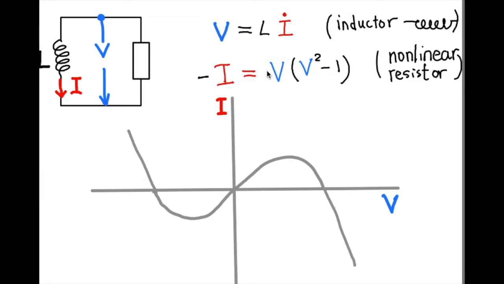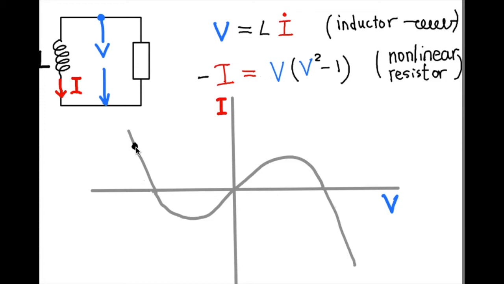So I and V in the system should stay on this line, and they should satisfy this differential equation. At the beginning, our initial value might be chosen not on this line, but it should quickly go to this line somehow. So let's just start at a point on this line.